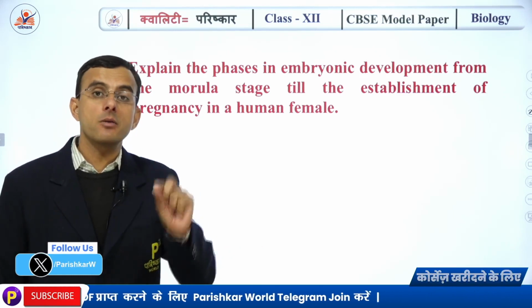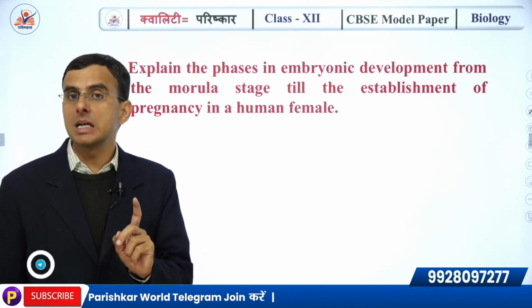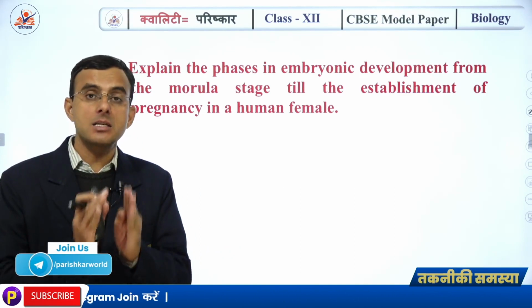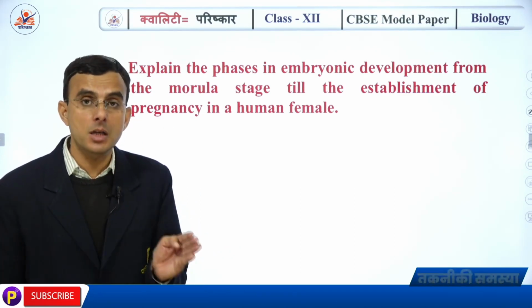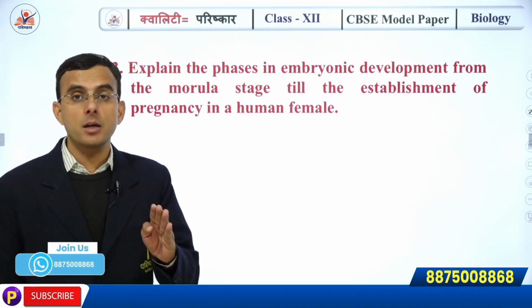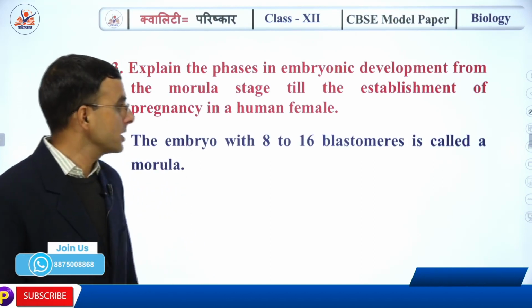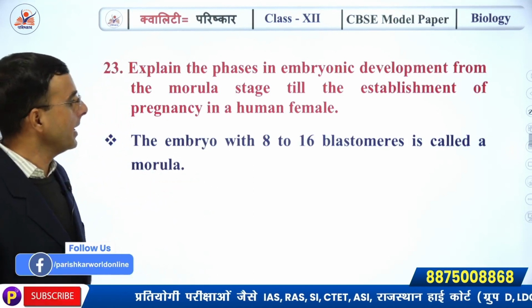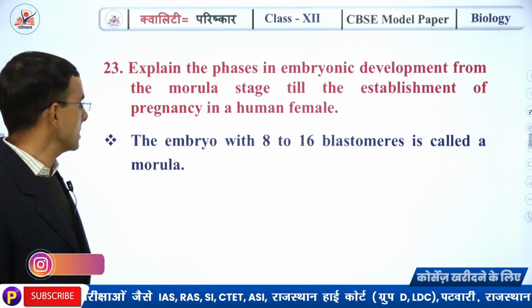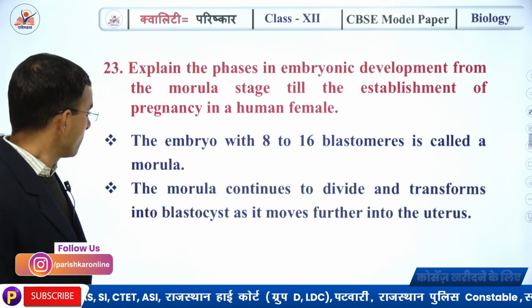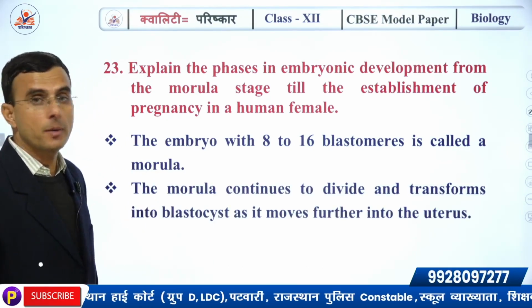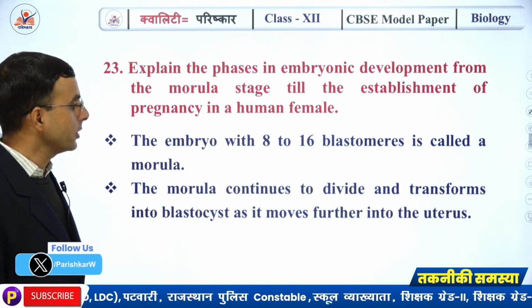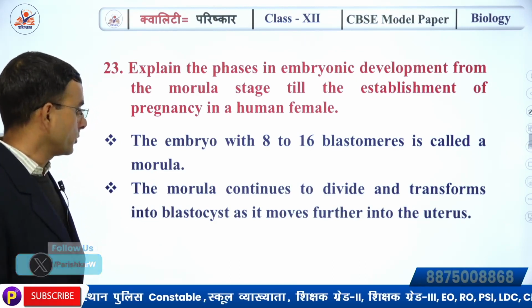The zygote is a single cell, and its conversion into a multicellular embryo takes place in the uterus. The embryo with 8 to 10 blastomeres is called a morula. The morula continues to divide and transforms into the blastocyst.